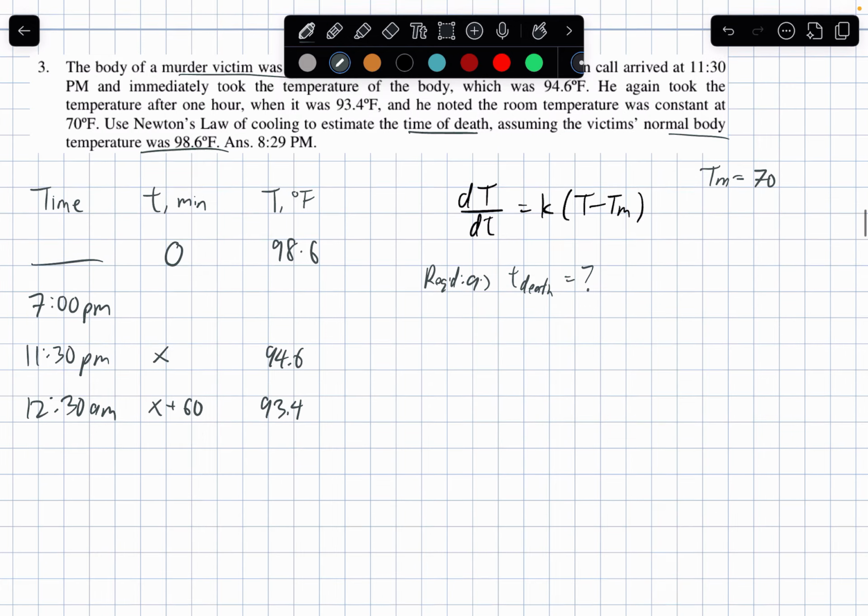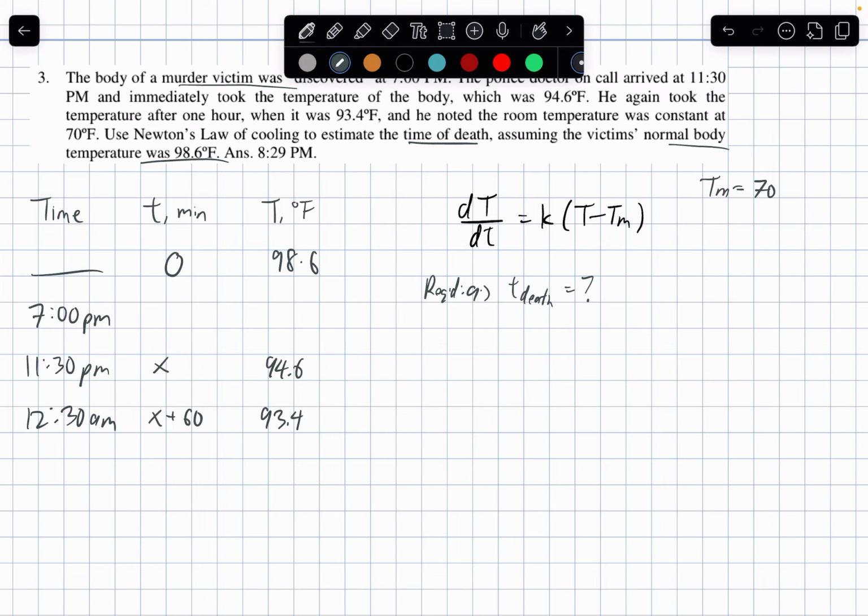This is going to be 70, no? We want to find k, but we don't have two pairs. That's the problem. So what do we do?